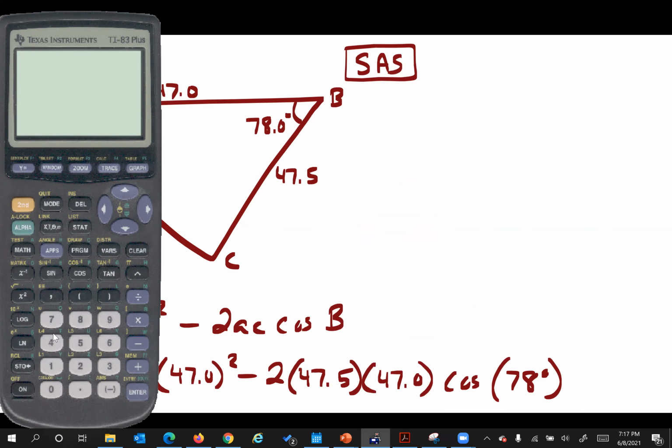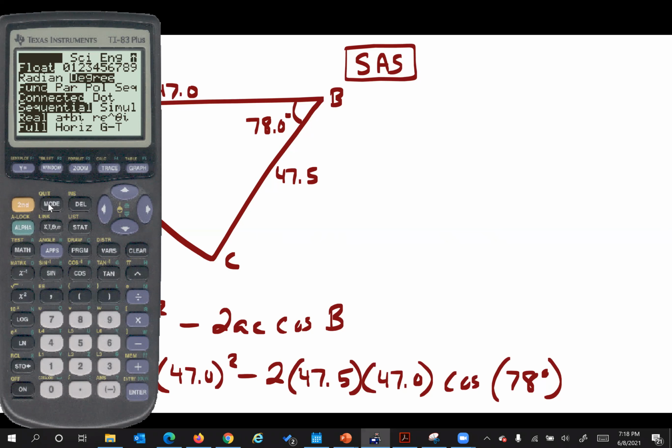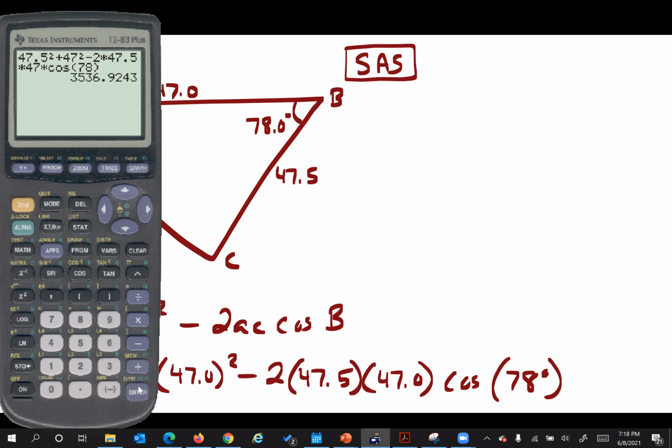So 47.5 squared plus 47 squared minus 2 times 47.5 times 47 times cosine. Do you need to put the multiplication between the two? You don't. I'm just kind of putting it in there just so I see what I'm multiplying with. Let me check my mode again. I am in degrees. That's true. Enter. Whoa, big number.